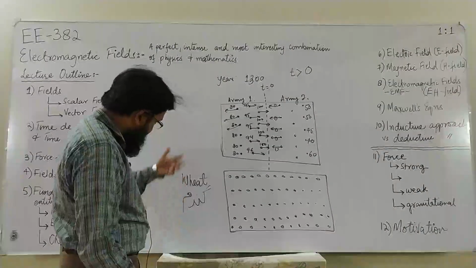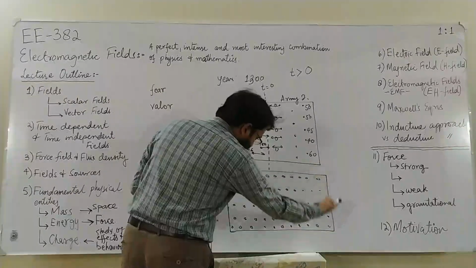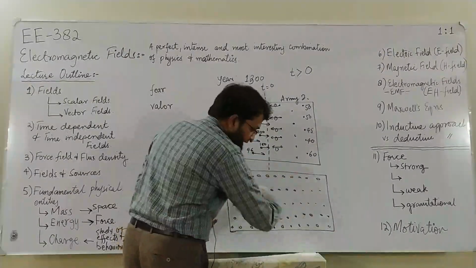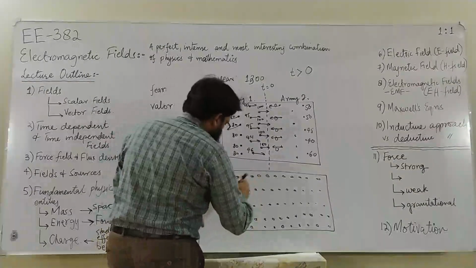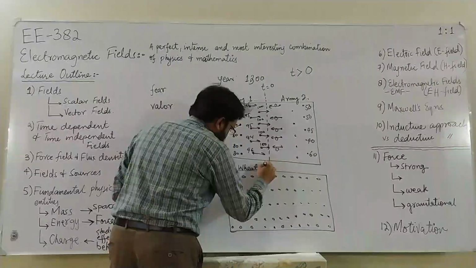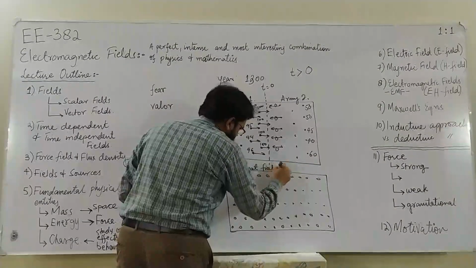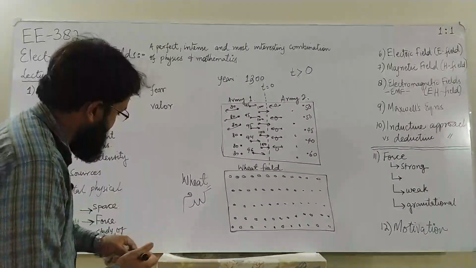So wheat is being produced here. So all right, some important event is going on within this bounded region. So we will say that, all right, this is a wheat field.